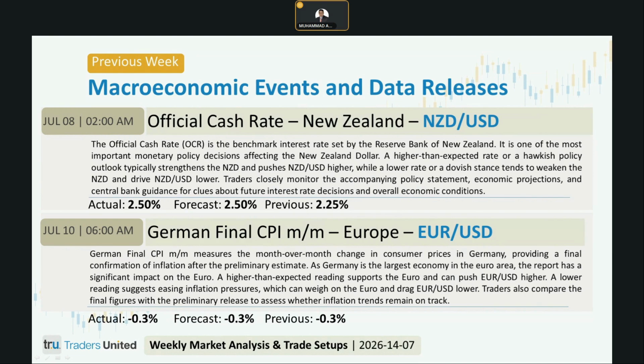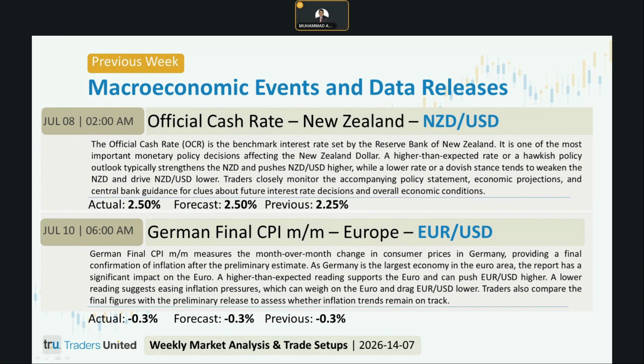Overall market expectations favored the New Zealand dollar. The technical and sentiment considerations: the interest rate increase confirms the Reserve Bank of New Zealand's tighter monetary policy stance, which generally supports the New Zealand dollar.